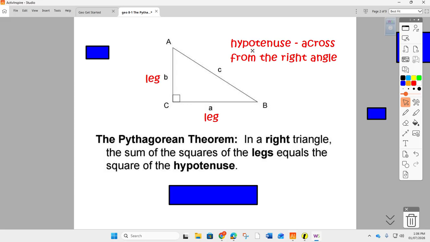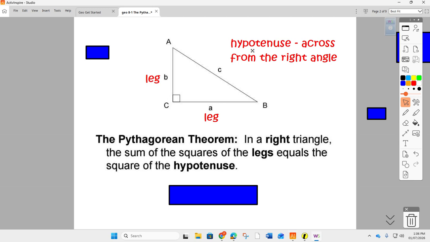Does anybody remember what the formula for the Pythagorean theorem is? We know it's got an A, a B, and a C. Anybody? Kendall, got a guess? Lennon? A squared plus B squared equals C squared. Right.